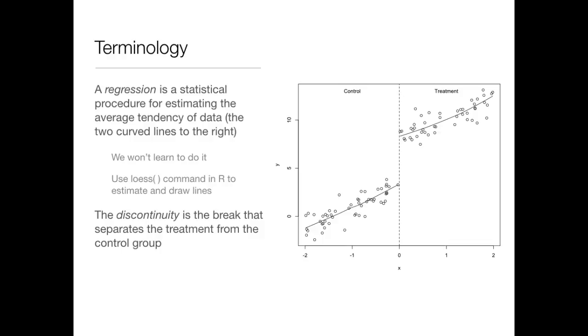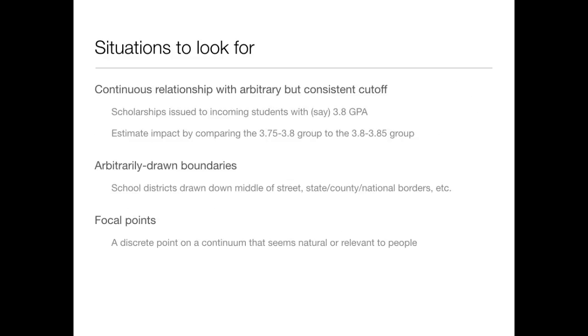So when would you expect to see a situation where a regression discontinuity design is an appropriate research design? Well, if you find situations in which there's some sort of continuous relationship with an arbitrary cutoff that is applied consistently.